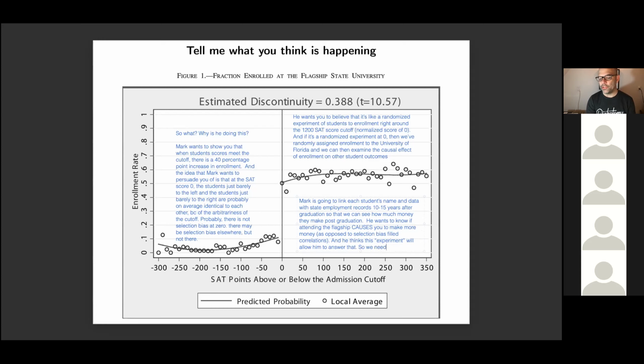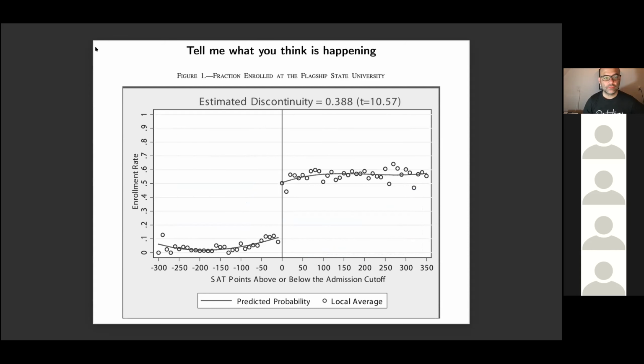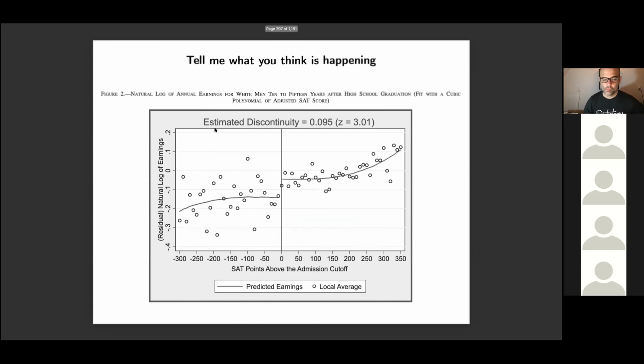So we need another graph, just like this one, but with earnings, not enrollment. Okay, so let's look. There's what we have. Notice now we have log earnings. Technically, it's the residualized log earnings.